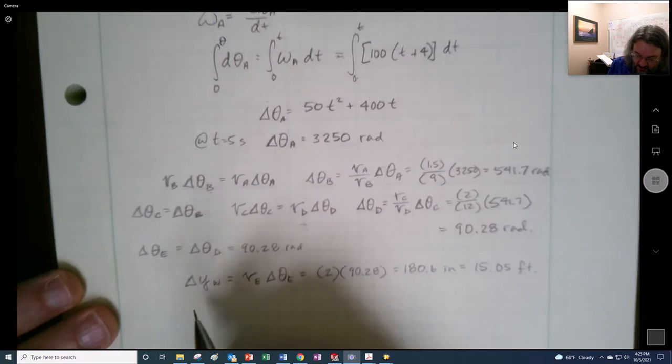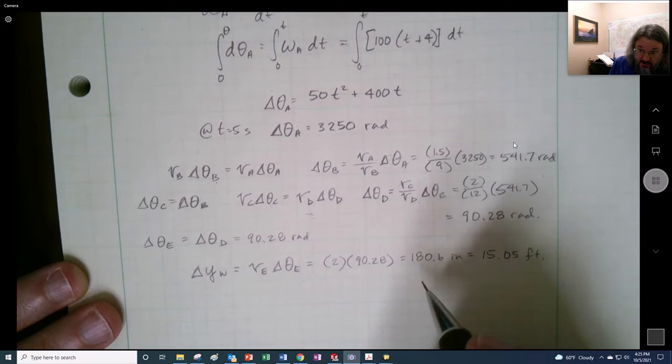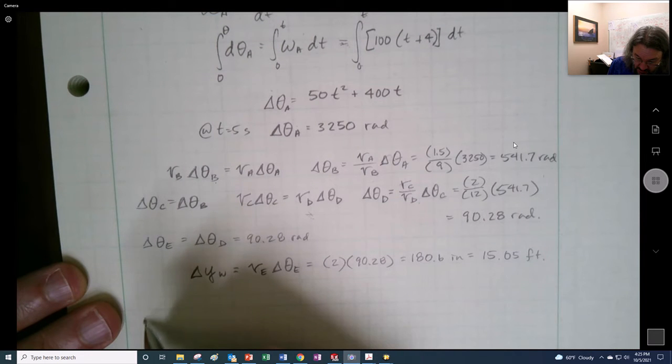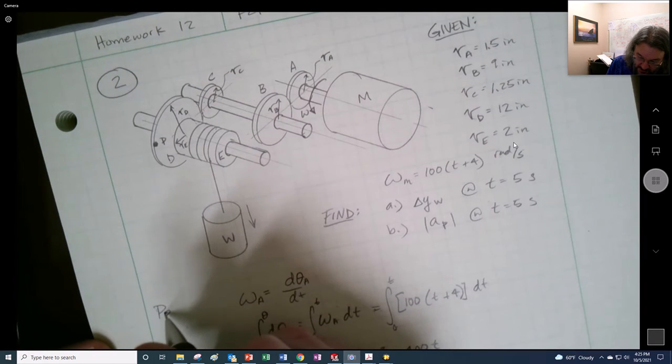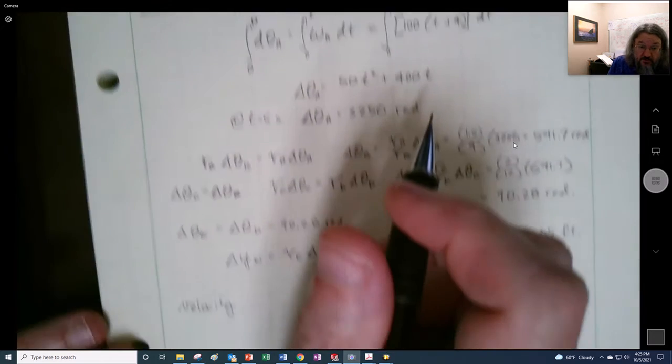So let me get the acceleration. Let me do the velocity next. So this is the position of the thing. Now let's look for the velocity. I'll write at the top here: we did position. So let's go through the velocity.